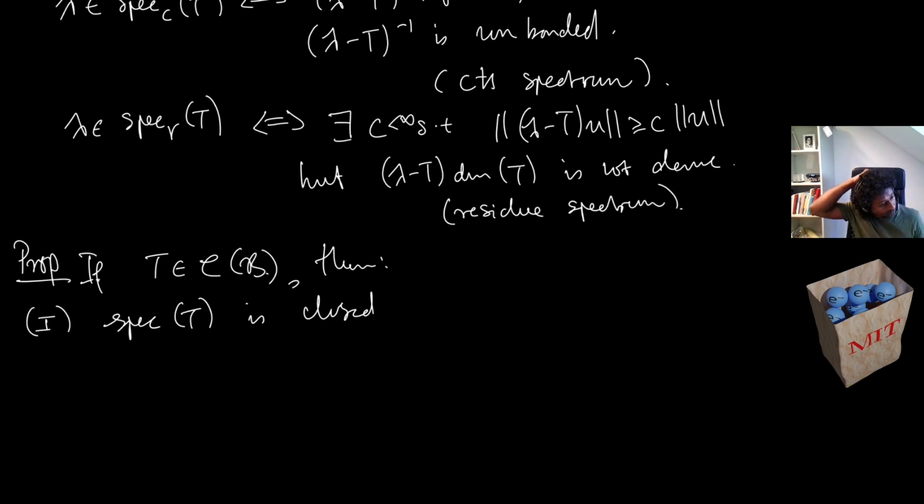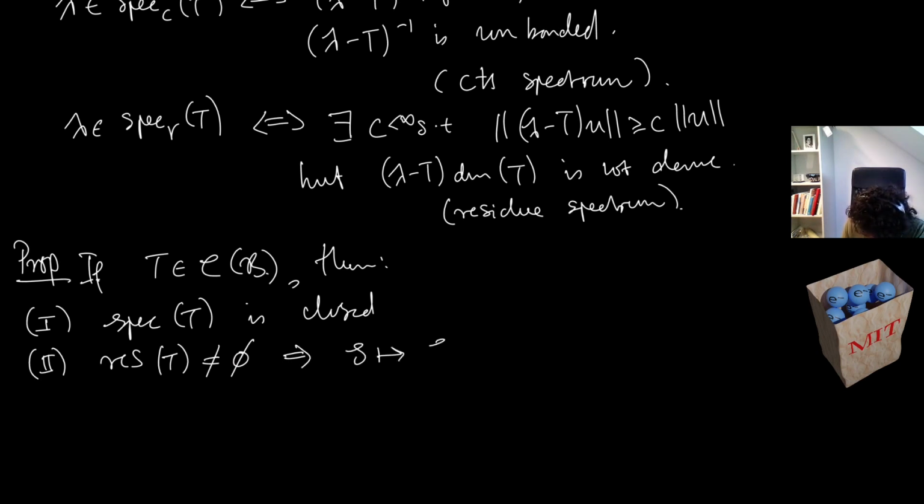Thank you. Sorry, I forgot that. So if the resolvent set is non-empty, so it's a non-empty open set, this implies that zeta maps to (zeta minus T) inverse is holomorphic.